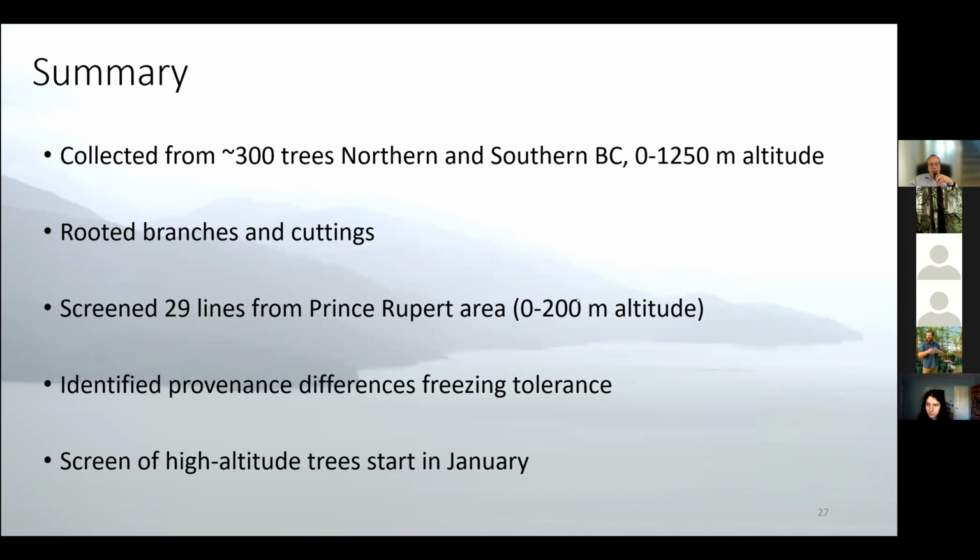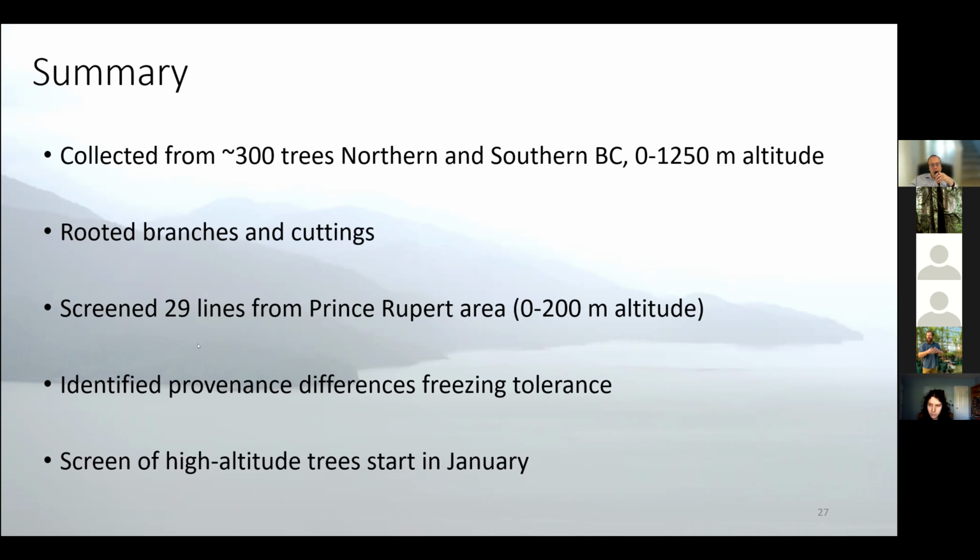Yeah, so this is Jim again. I'm just going to summarize briefly what we have done so far. It's still early days. We collected from more than 300 trees in northern and southern BC from close to 0 meter altitude to 1250 meter altitude. We have rooted branches and cuttings, and many of them are still coming through. That's why we haven't tested that many yet.